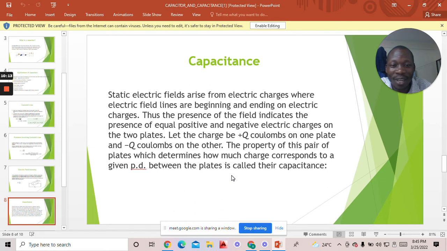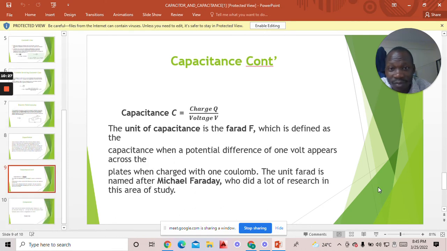In other words, capacitance is the ability of a system of electric charges to store energy. So capacitance in this arrangement is given by this formula: capacitance C equals charge Q divided by the voltage or potential difference V.